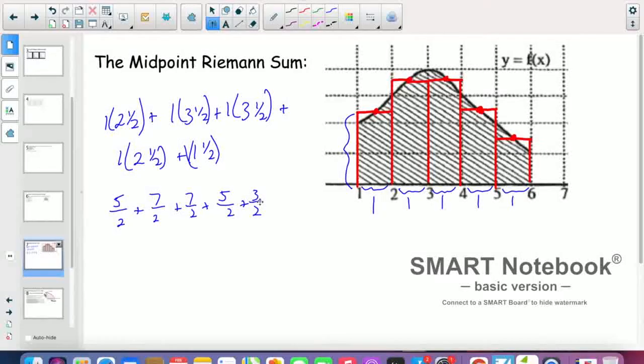So if I add those together, I've got 12 plus 7 is 19, plus 5 is 24, plus 3 is 27 over 2, which is the same thing as 13.5 if you like it as mixed numbers. It really doesn't matter which way you express it. But the area under the curve here is 13.5. And you could look back to your notes in the last section and see that 13.5 is between what the left Riemann sum and the right Riemann sum would have been.